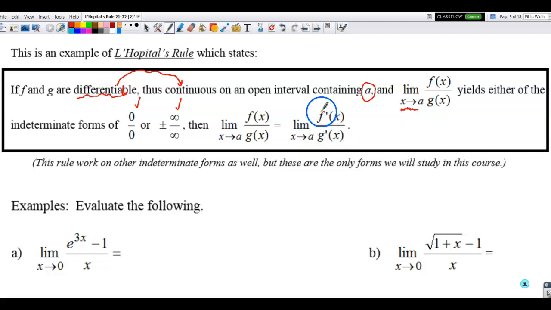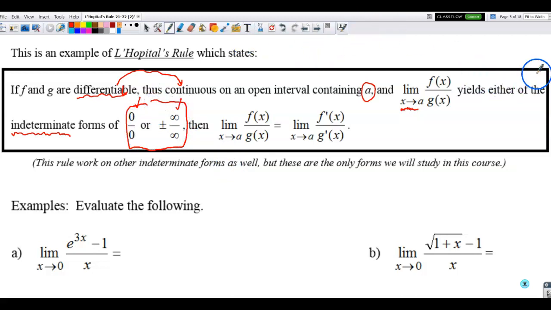And when you substitute a into that, it will give you the limit of the original function. These forms are called indeterminate forms. This rule works on other indeterminate forms as well, but these are the only indeterminate forms that we will study in AB calculus.